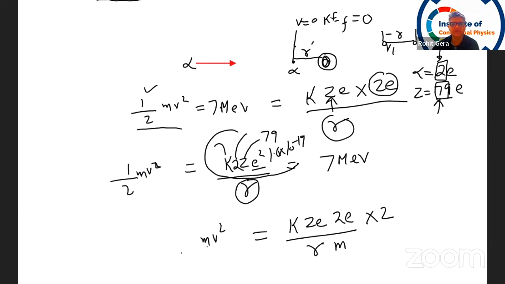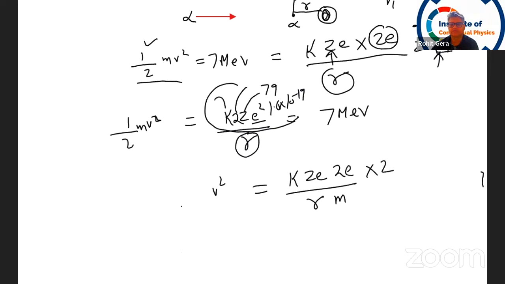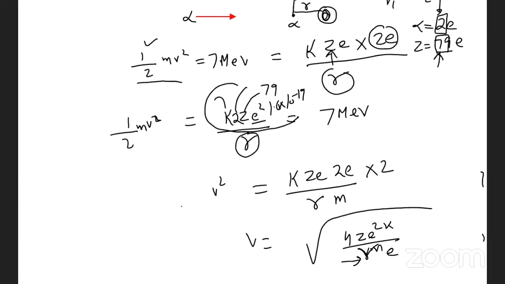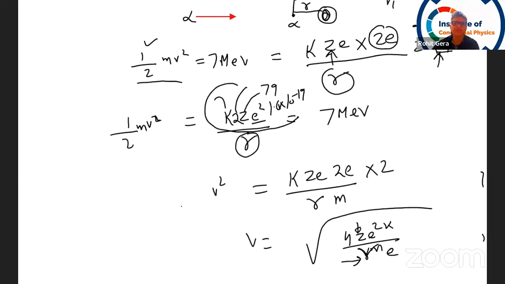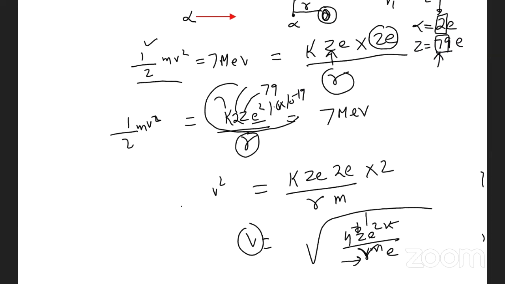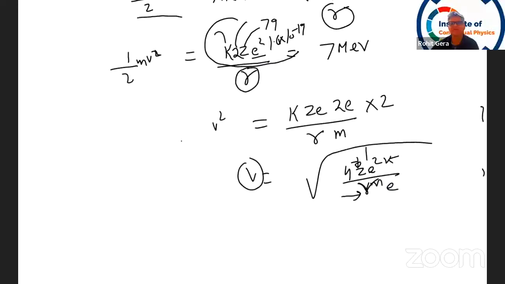So v is equal to the square root of 4 Z e square K by m r. If the distance of closest approach is known, the mass is given, and K is known, you can find the velocity with which the alpha particle was moving towards the charge. That is the initial velocity. Final velocity is anyway 0.